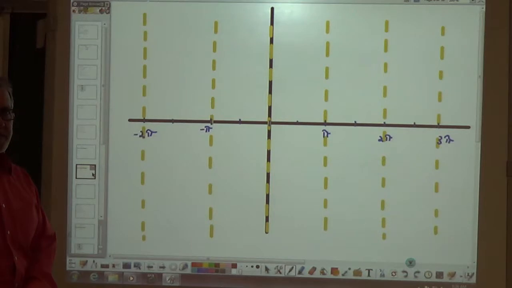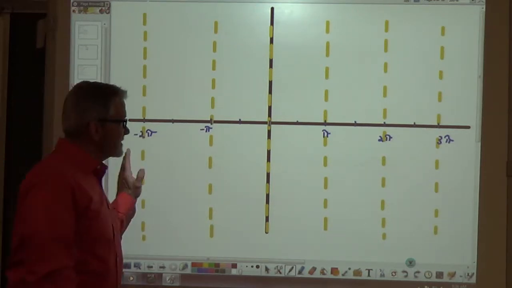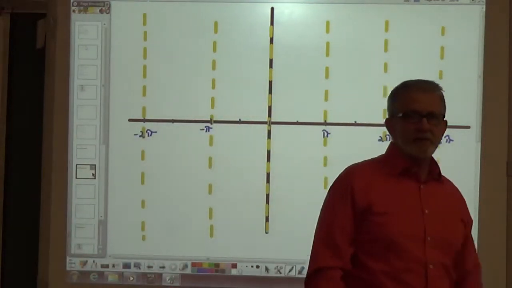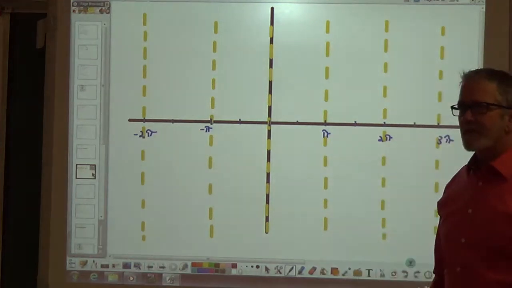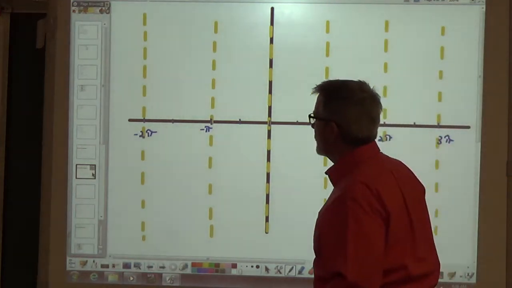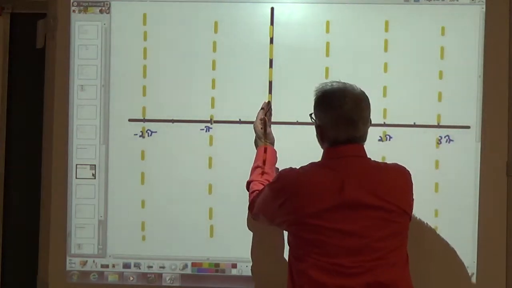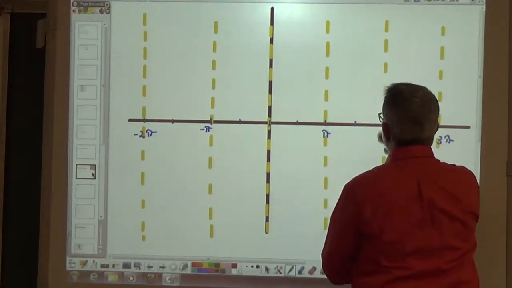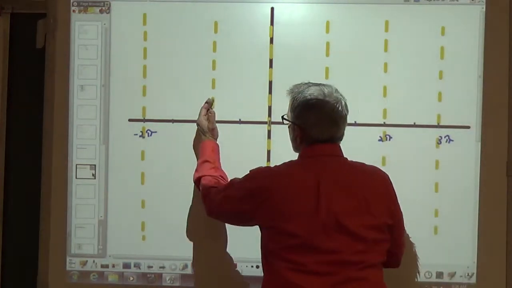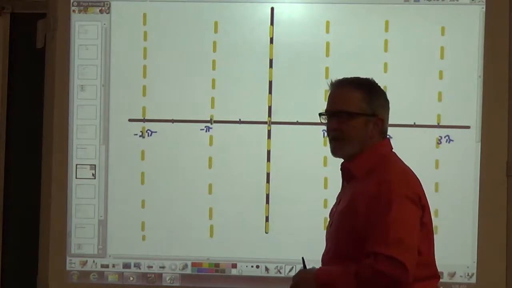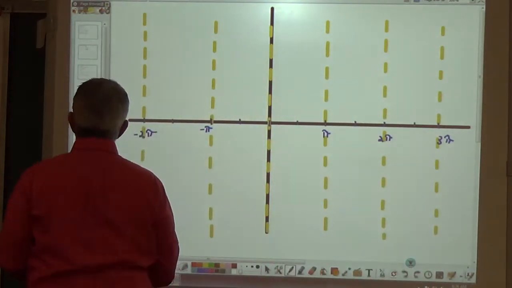Very nice. So that's the first part of the cosecant graph. What do I need to do? I need to figure out what happens to cosecant between 0 and pi, between pi and 2 pi, between 0 and negative pi. Let's do some investigation there.